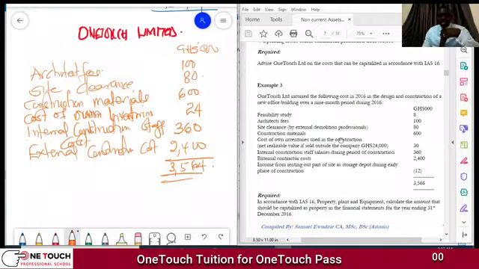So basically what we are doing here is to identify the cost of PPE. You need to take note of that. One, we spoke about the purchase price less any trade discount, then import duties and non-refundable taxes, and directly attributable costs. That's costs that are incurred to bring the asset to its present location and condition for it to be operated in the manner intended by management.